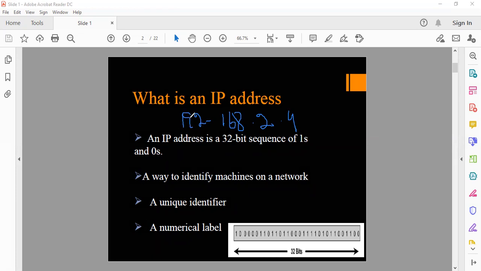Suppose any device in this world may be using this IP address at this time.